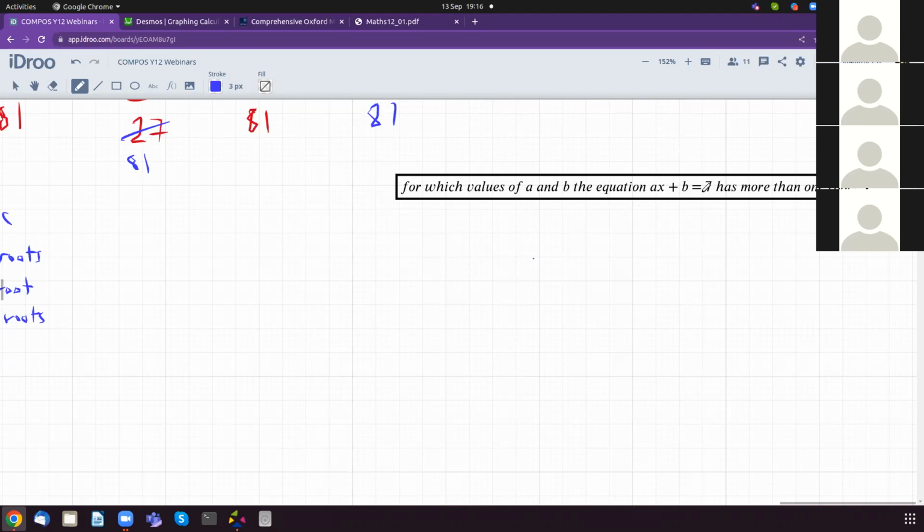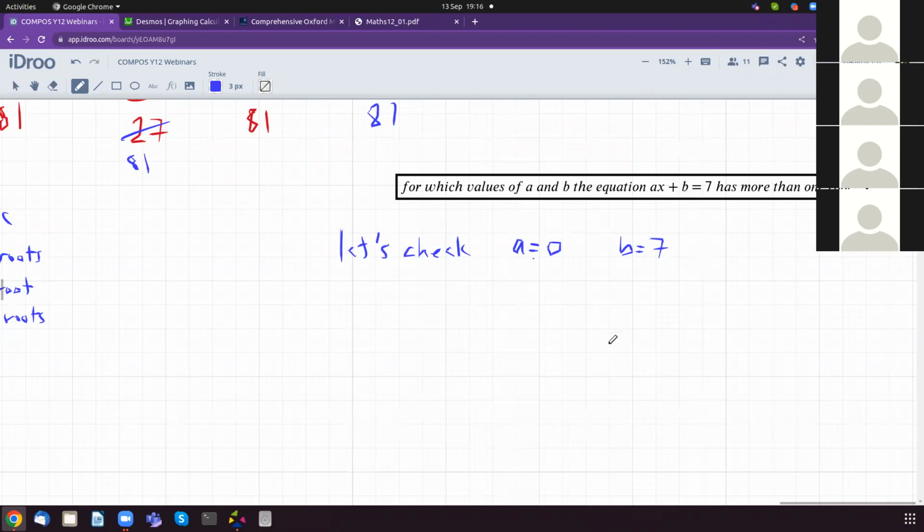You're changing the original equation. Now, what if a is 0 and b is 7? Just out of the blue, why not? Let's check.